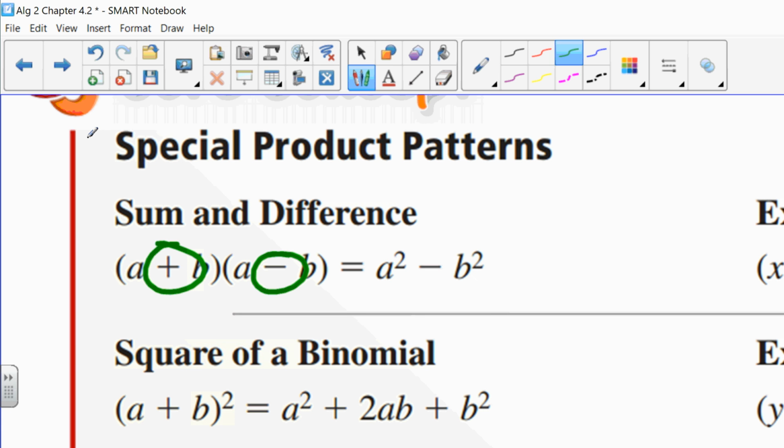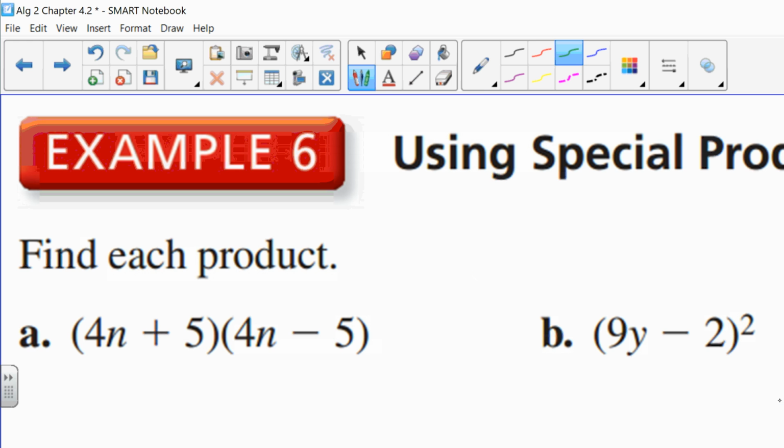And we also have these special patterns for squares and cubes. But really, if we write it out and multiply it out, we'll get the exact same thing. It's not going to make that big of a difference.